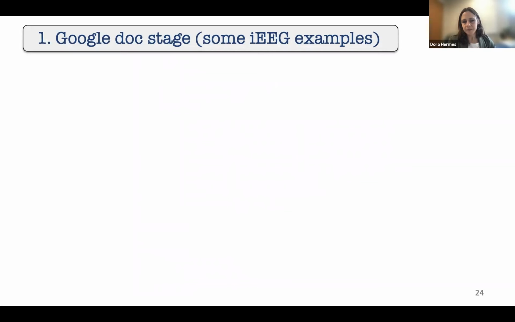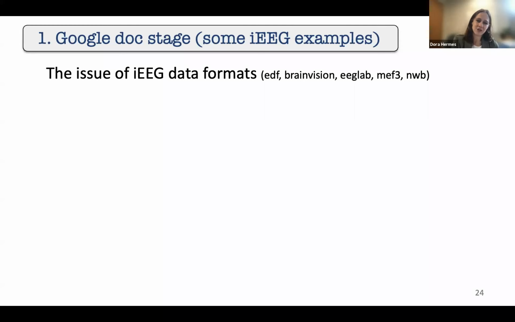And so at this kind of stage, the Google Docs stage, we faced several hurdles when we did this for intracranial EEG. And one of the big ones was the issue of iEEG data formats. Because for intracranial EEG data, we didn't just have one nifty format that everybody agreed was good. We had many. There's over 20 formats for EEG or intracranial EEG data.